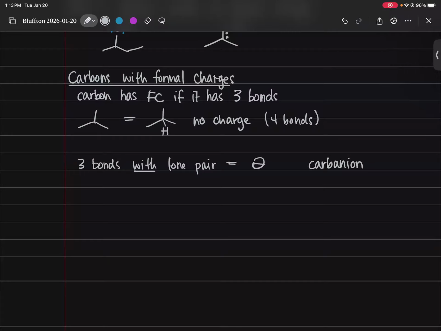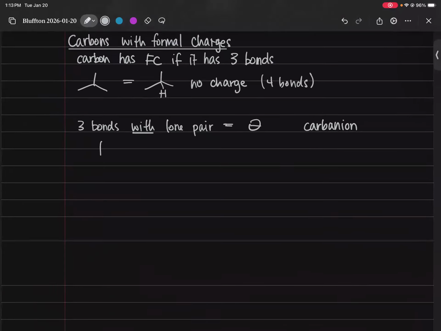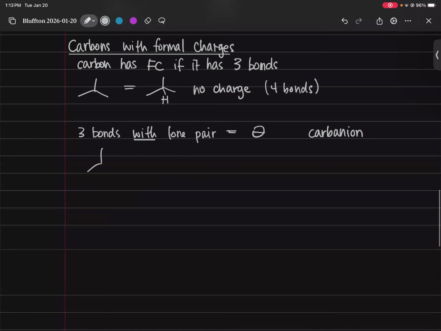It's a carbon, so it's a carbanion. Some examples of those would be, right? So this here, which I already showed you, has no hydrogens on the central carbon. Again, just the central carbon here.